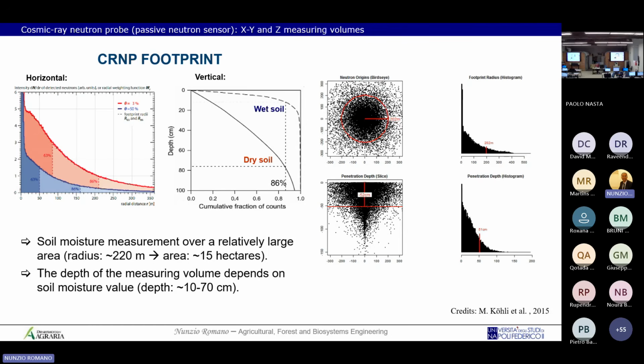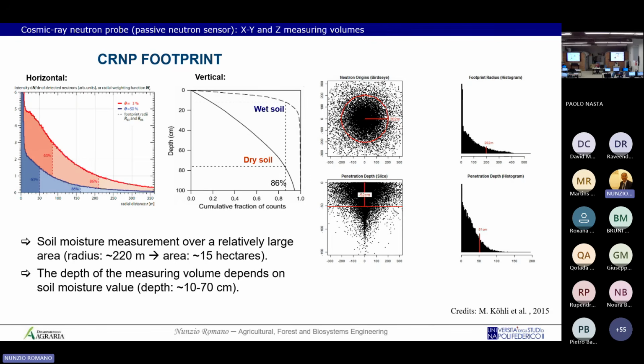This is also very important information because we need to associate the measuring volume. We always need to know, when we measure soil water content, the extent of the volume where we measure the amount of water.